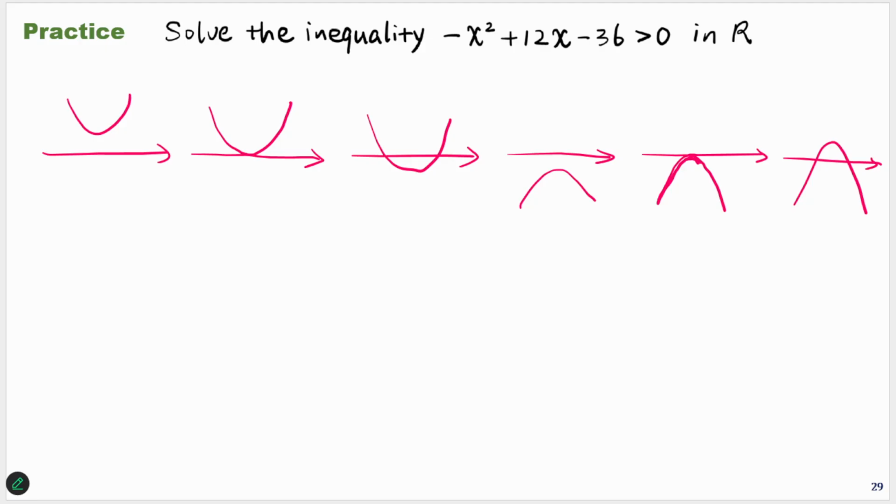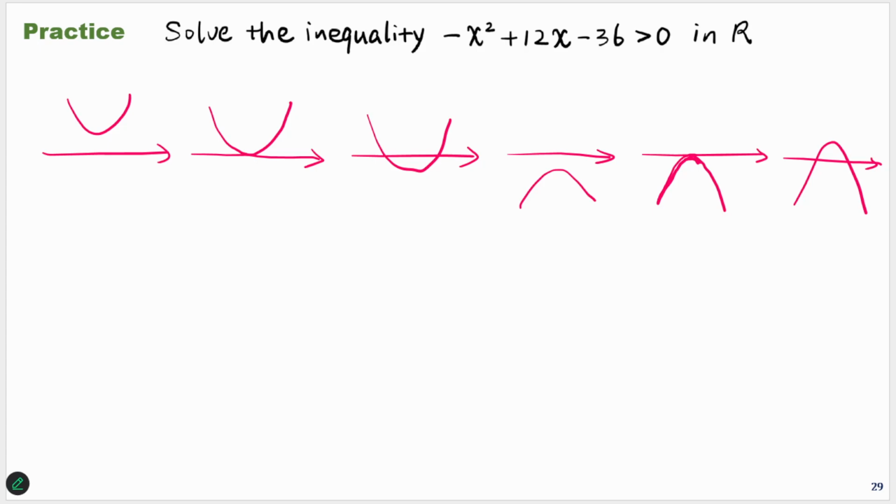This one will be... x is smaller than -6?